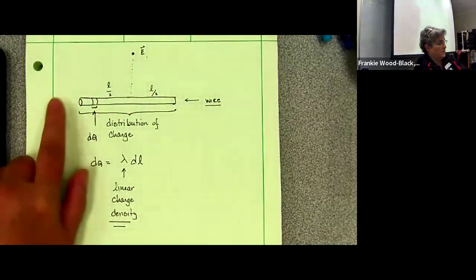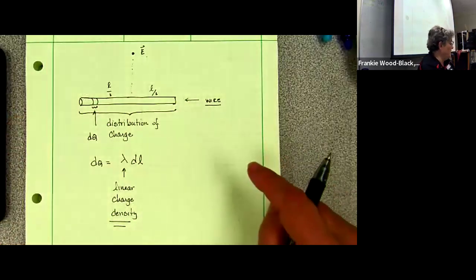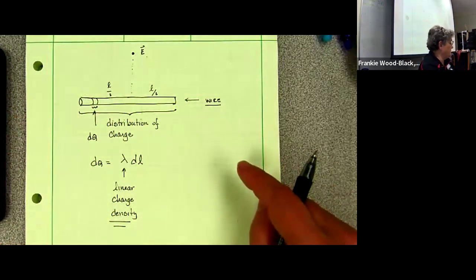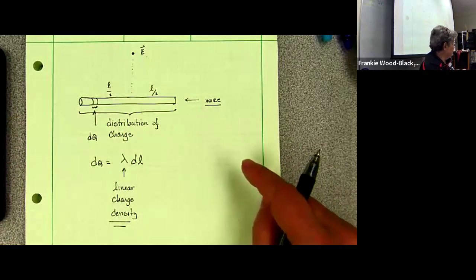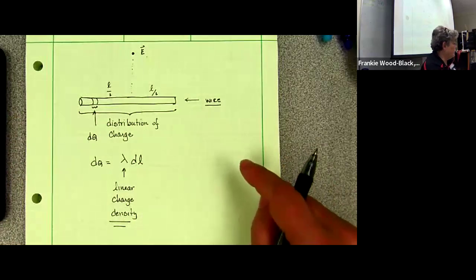We can look at our incremental piece of electric field, that's K over R squared dq, because what we're going to do is sum up all of those itty bitty teeny tiny pieces.